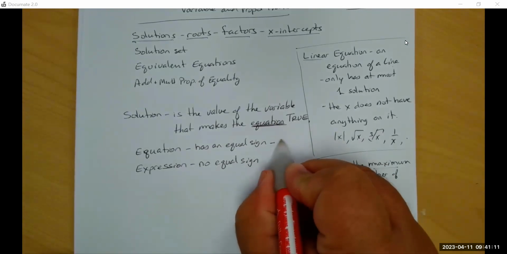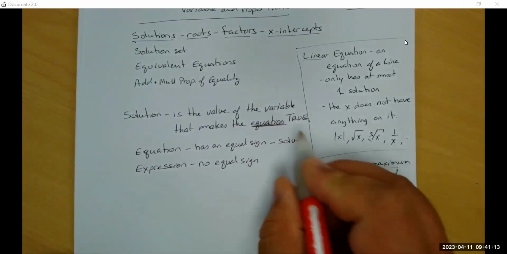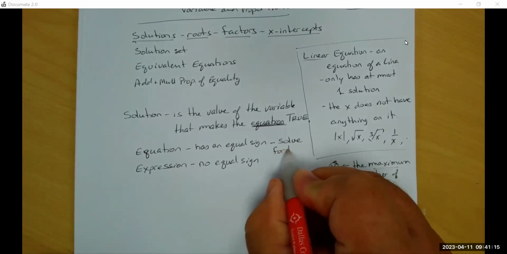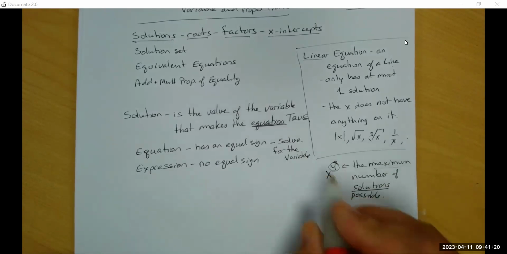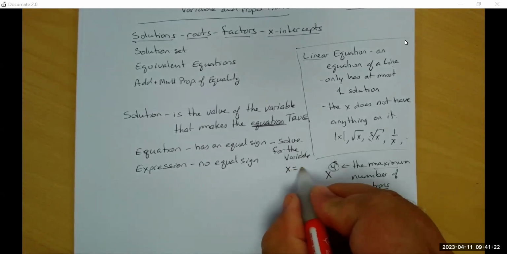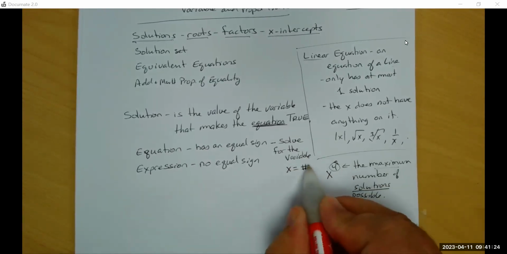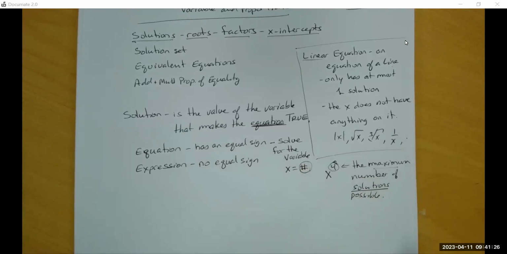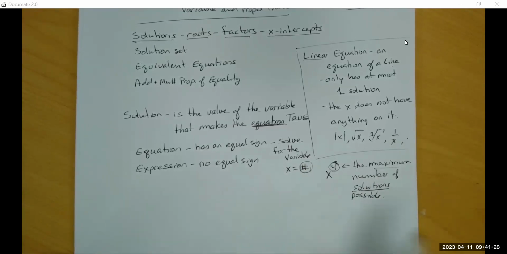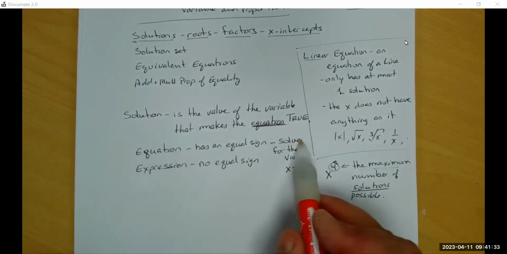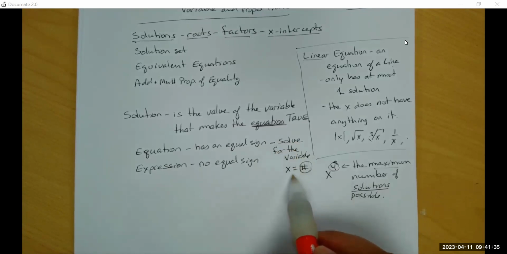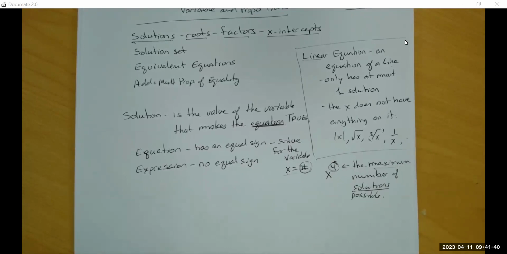In an equation, you solve for the variable. You get it by itself equals some number. That's the solution. This number here is a solution. So an equation has an equal sign and you're asked to solve for the variable. You'll end up with this: x equals, or the variable equals some number. And that number is the actual solution.